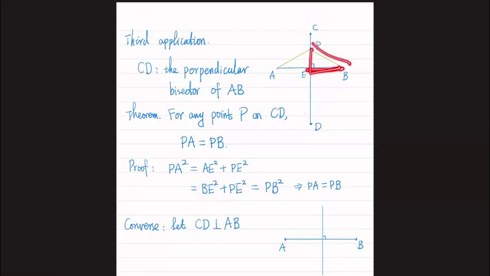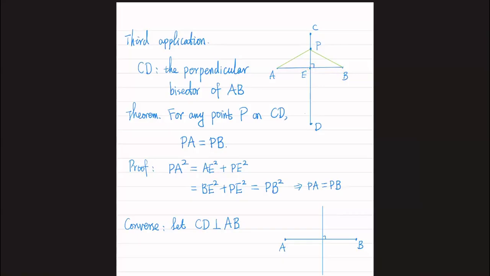Is that like the SAS theorem? They have two sides that are the same, and they have one angle that's the same. So doesn't that mean AE and BE are equal? AE and BE have the same size because E is the midpoint.